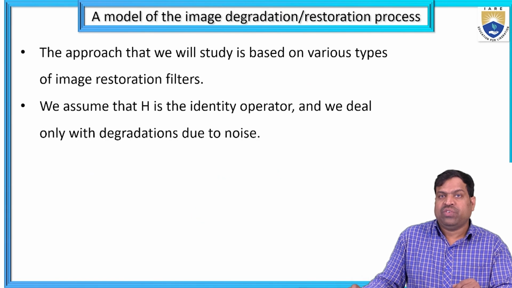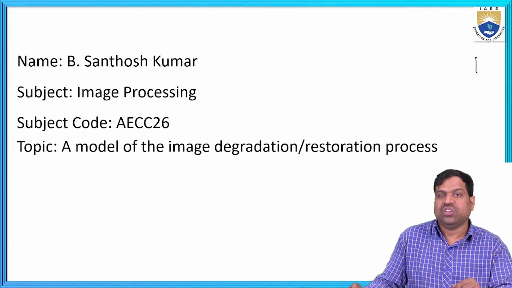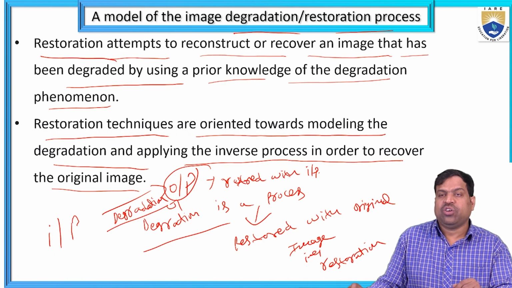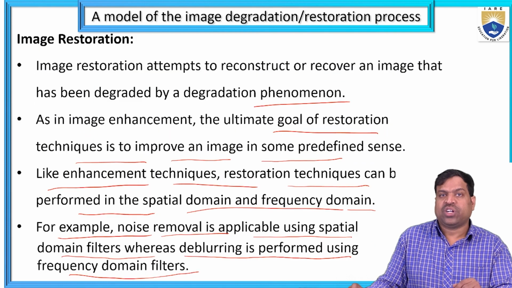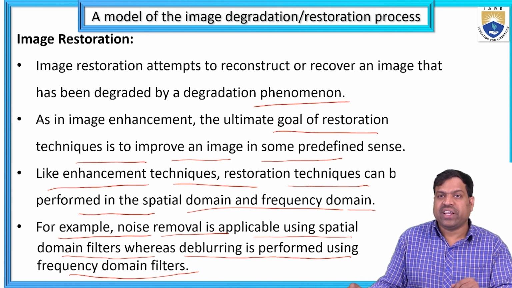So today we discussed a model of the image degradation and restoration function. What is the definition of image restoration? It attempts to reconstruct or recover an image that has been degraded by a degrading phenomenon. Like image enhancement techniques, the ultimate goal of the restoration technique is to improve an image in some predefined sense.